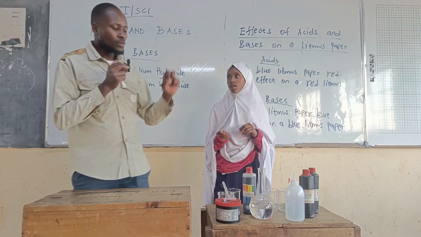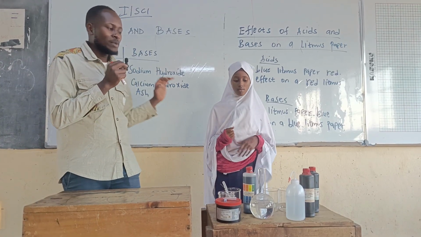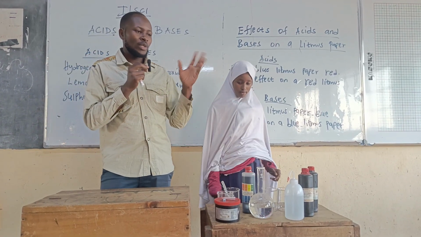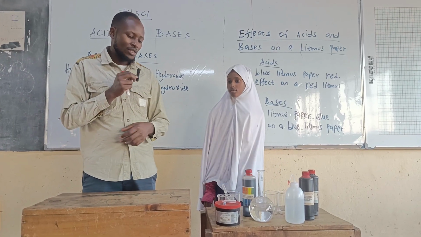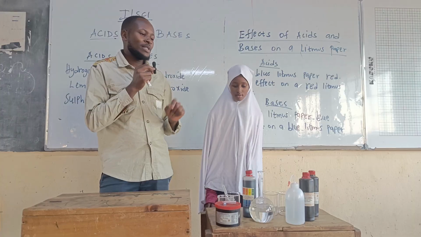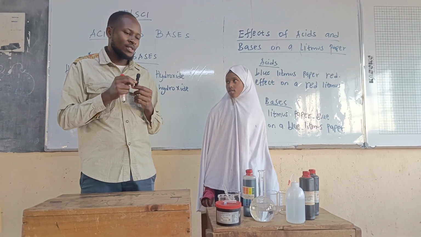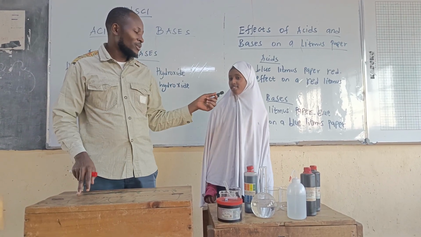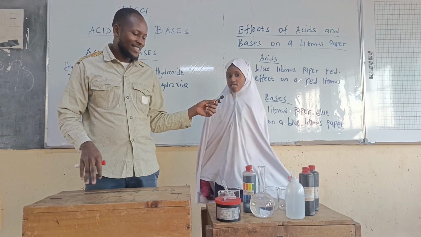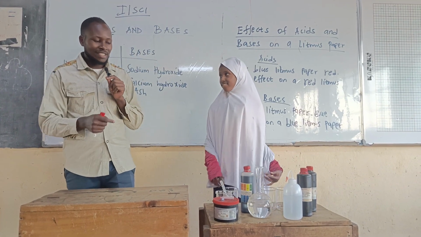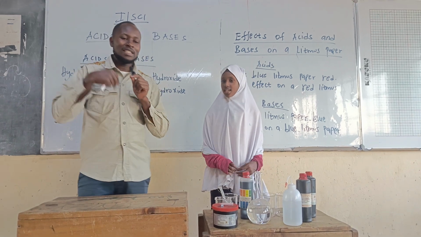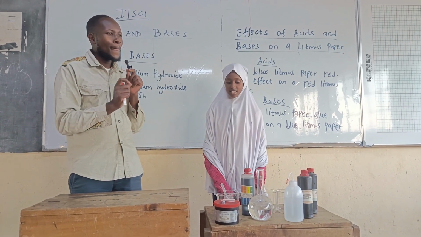But now, you have to test these substances in the laboratory to identify if it's really an acid or a base. So what do we use to test substances? Do we use our mouth? No. What do we use? Universal indicator. Good. We use universal indicator to test if a substance is an acid or a base.